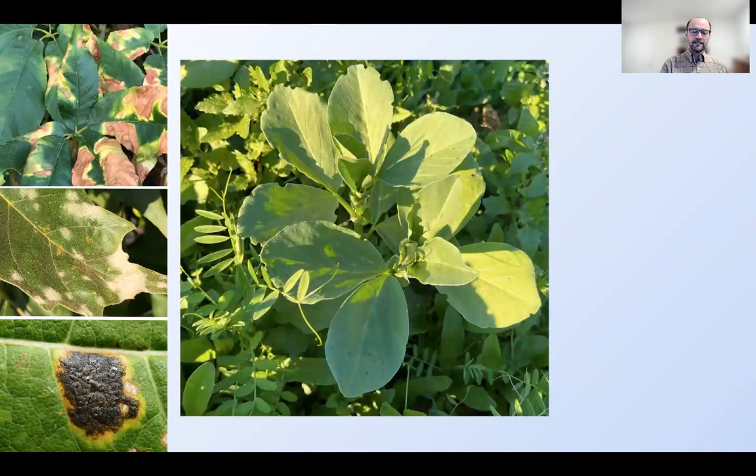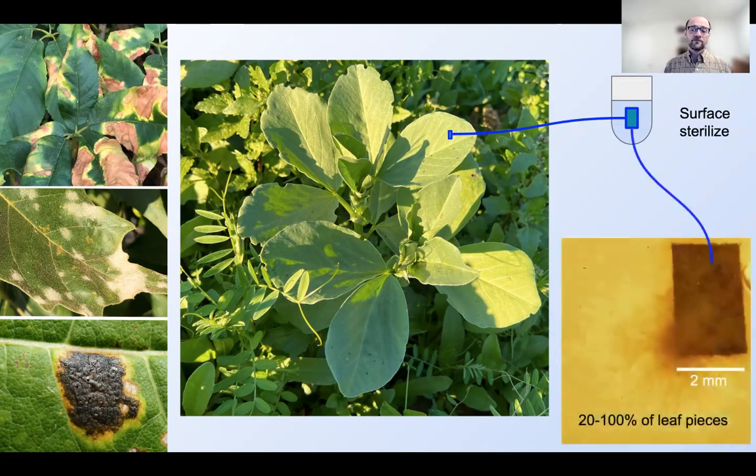And in fact, if we take what seems to be a very healthy looking plant and we take a tiny little piece of its leaf and surface sterilize it by putting it in bleach to get rid of any fungi that might be on the surface, then take those little leaf pieces and put them in a growth medium for fungi, in a few days, somewhere between 20 and 100% of those leaf pieces will show fungal growth, depending on the host plant species and the habitat in which it was growing.